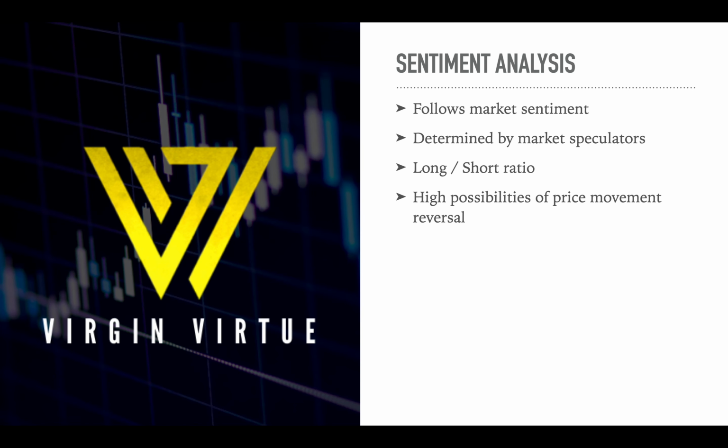These are the people who invest billions and trillions of dollars. They are the market movers. Market speculators, in other names, you can call them market movers. So no matter how good your technical analysis is, depending on the fundamental global news, these market speculators will move the market just like that. So there are high possibilities of price movement reversal if you follow sentiment analysis.